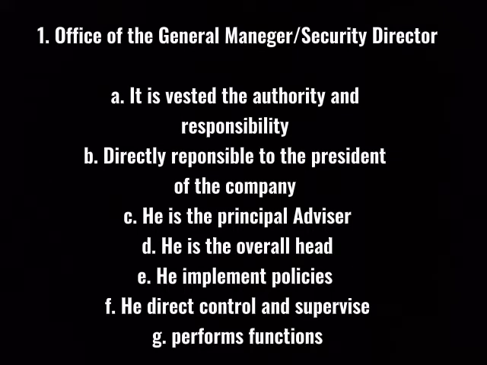He is directly responsible to the President of the company corporation in the operation and administration of the security force. Letter C, he is the principal advisor to the President on matters involving security operation and administration of the security force. Letter D, he is the overall head of both various staff departments and field units where he may delegate corresponding authority commensurate to their assigned responsibility.